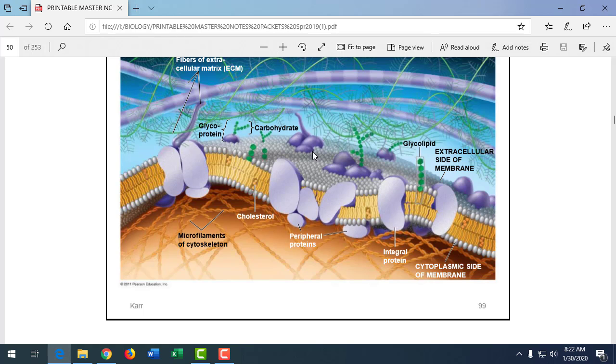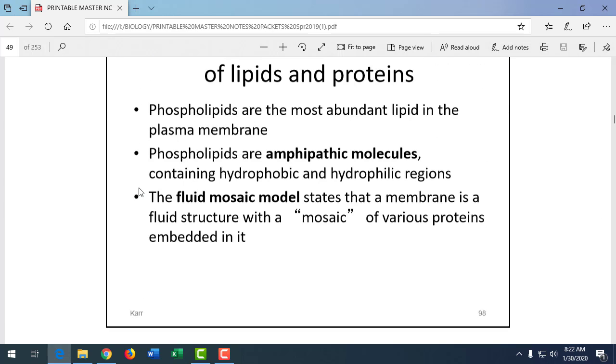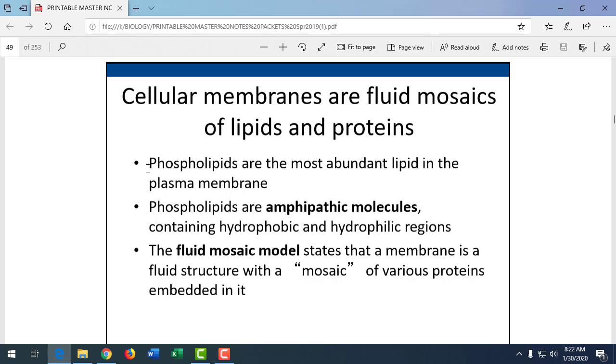All right, so we have these proteins, and then the brick and mortar of the plasma membrane is what molecule again? The main structure? Phospholipids. Phospholipids are the most abundant lipid. It's the brick and mortar of the plasma membrane.